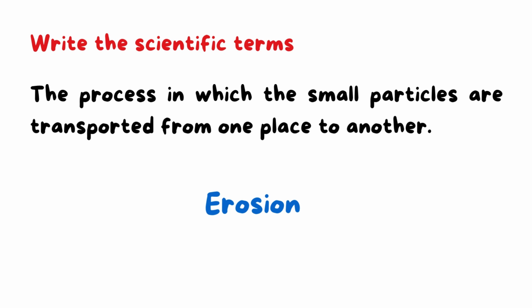So we have two processes by which water affects rocks: weathering and erosion. Weathering is the breaking down of rocks into smaller particles, but erosion is the process in which the smaller particles are transported by wind or water.